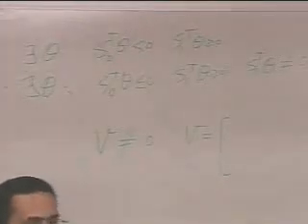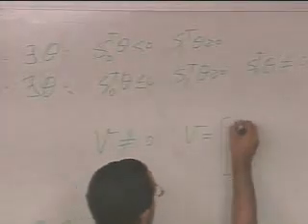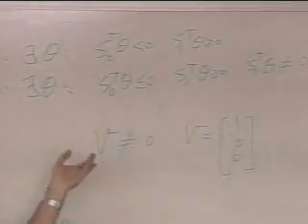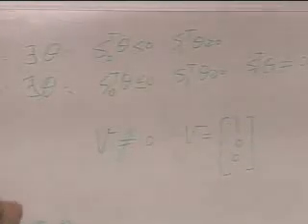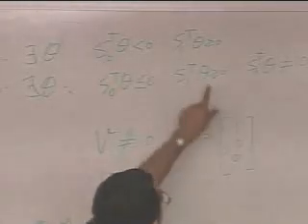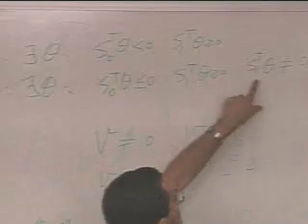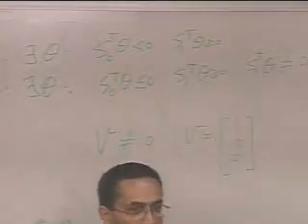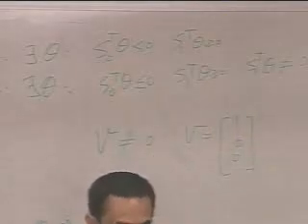When we say V is not equal to 0, (1, 0, 0, 0) is a vector which is not equal to 0. Okay? And V is a vector which is greater than or equal to 0. So by writing these two together, we make sure that none of them are negative, and at least one of them is a strictly positive number.